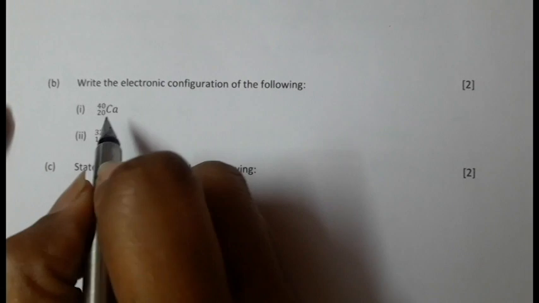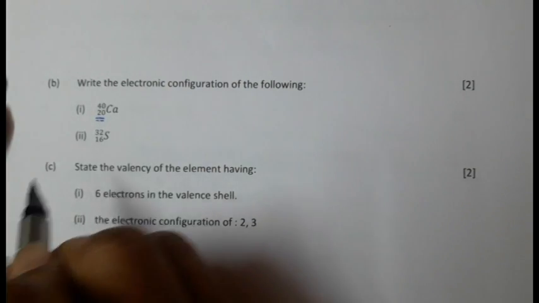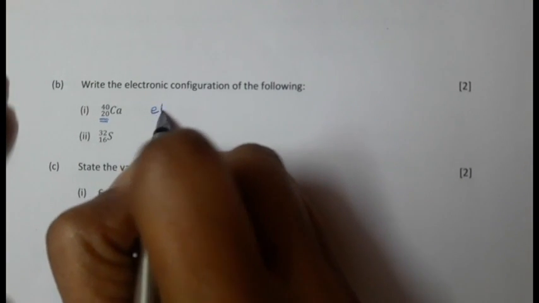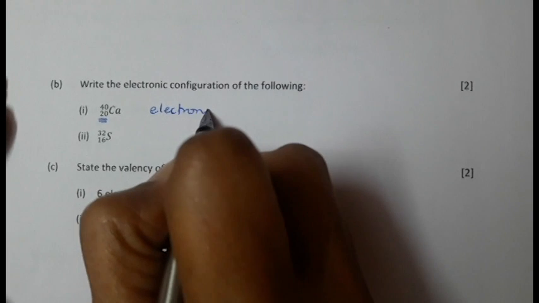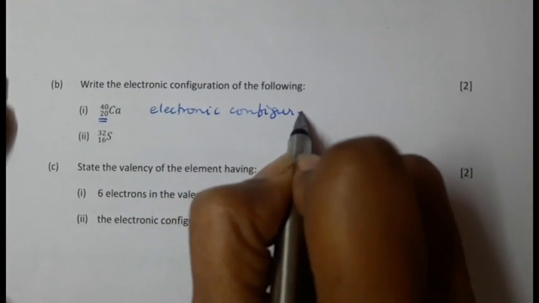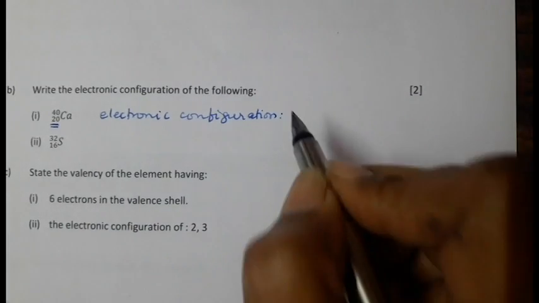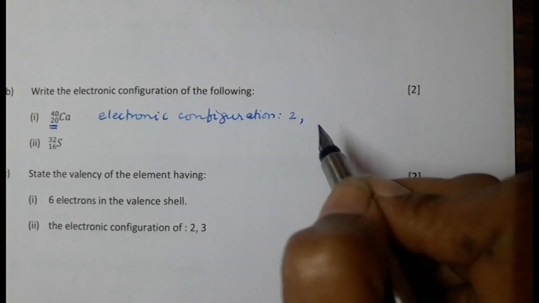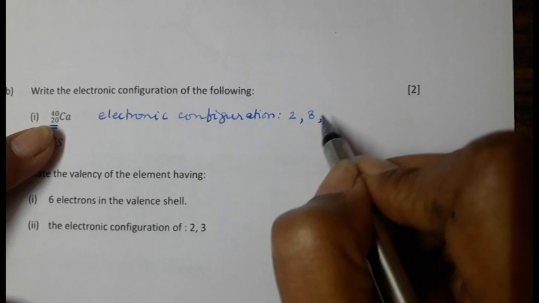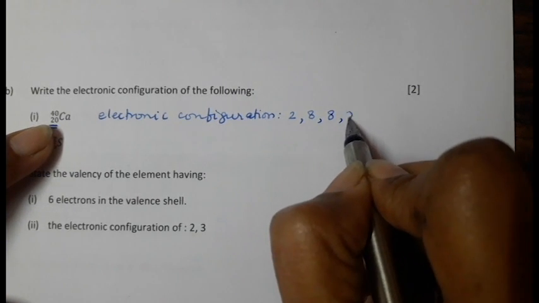Now calcium 40, 20, this is the mass number, this is the atomic number. So the number of electrons is 20, and the electronic configuration is going to be 2 in the first shell, 8 in the second shell, and 10 remain, out of which 8 will be in the third one and the fourth one will have 2.